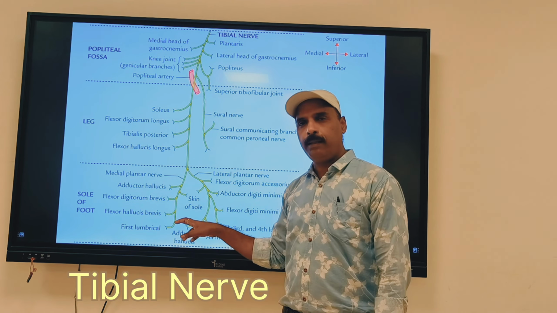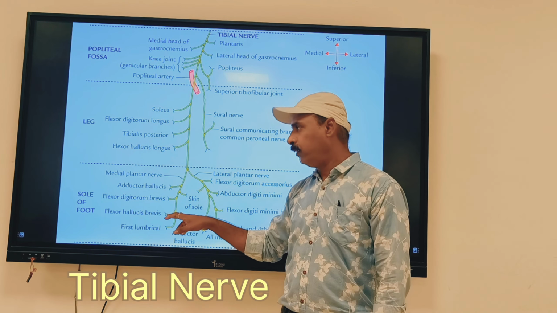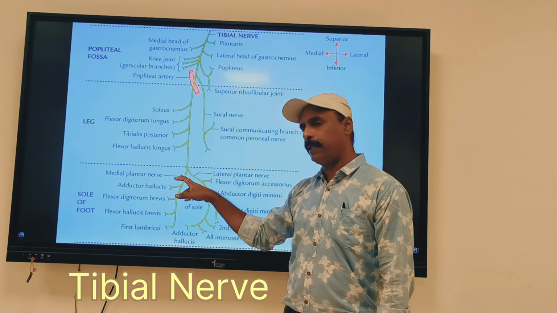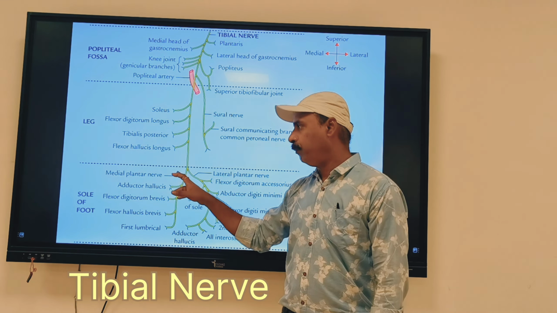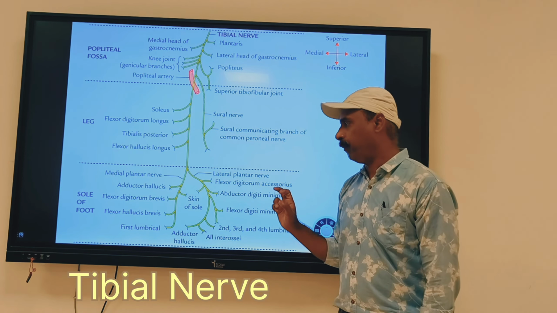In the foot region, or the sole, you have to explain the medial plantar nerve and the lateral plantar nerve. It divides into two, medial and lateral plantar nerves.